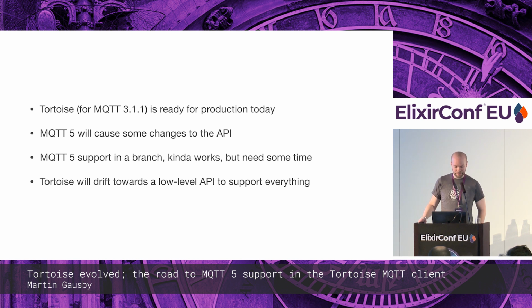My work on MQTT 5 is in a branch, and I work on it occasionally. It kind of works, but it still needs some time. It will eventually be there. And Tortoise will drift towards a more low-level API to support everything.